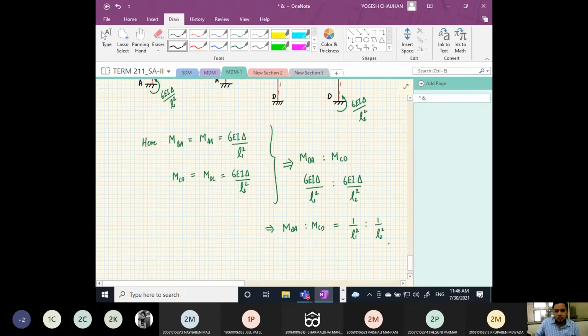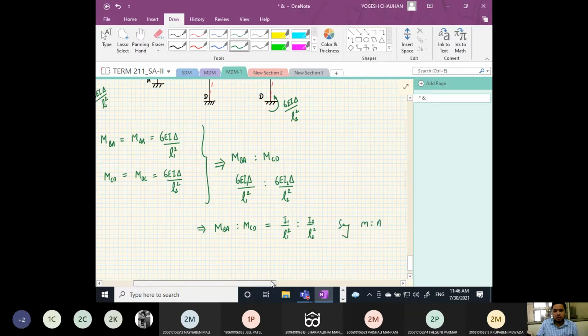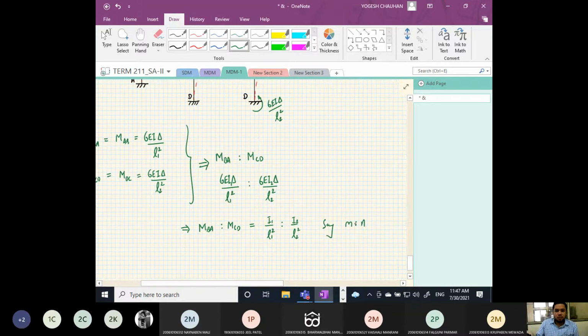So in that case we will have I1 by L1 square is to I2 by L2 square. Say for example this is in the proportion M is to N.